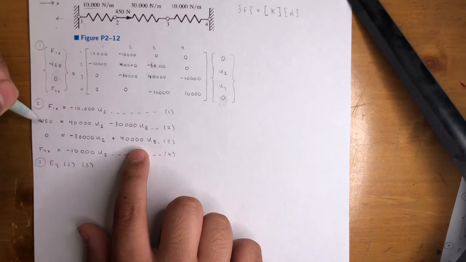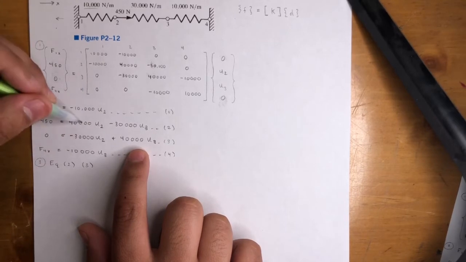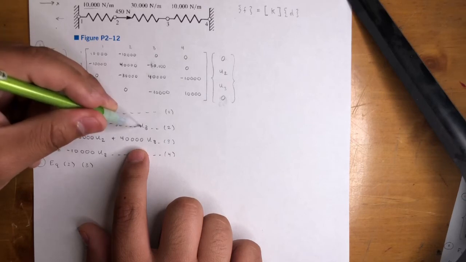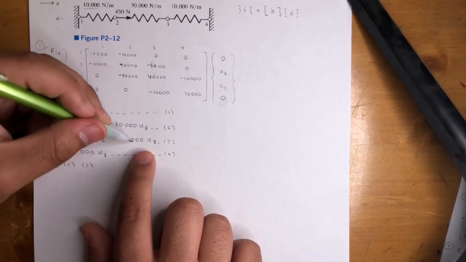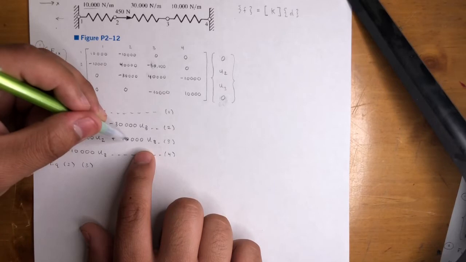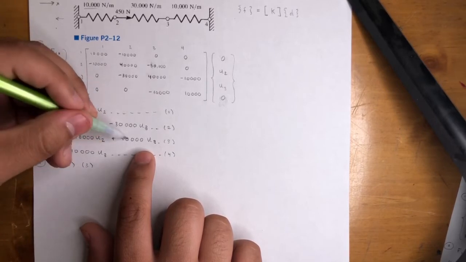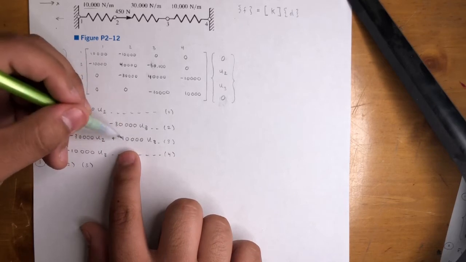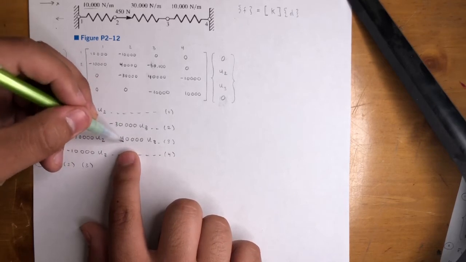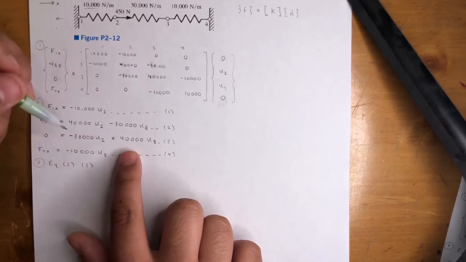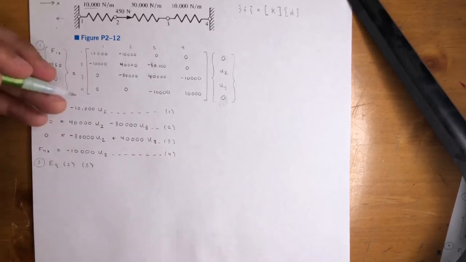You'll have this times 12, which is negative 12,000 u3. Then multiply the bottom equation by 12 again, but this would be 12,000 u3. The 12,000 u3 will cancel out with this negative once you add the 2 equations, and you could solve for u2. But I'm not going to do that, just to show you another way.